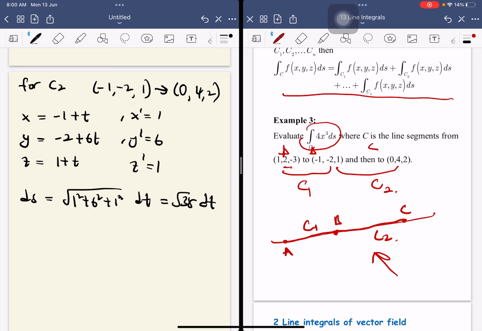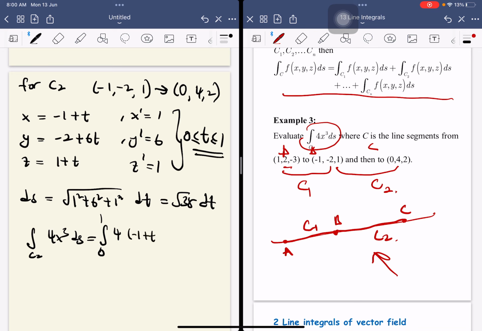You need to check the limit for t as well. For this one, if you check, the limit for C2 is 0 up to 1. Now x is changing, so x is equal to (-1 plus t) to the power of 3, and ds is equal to square root of 38 dt.